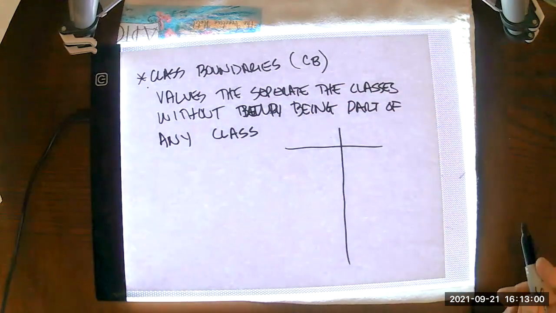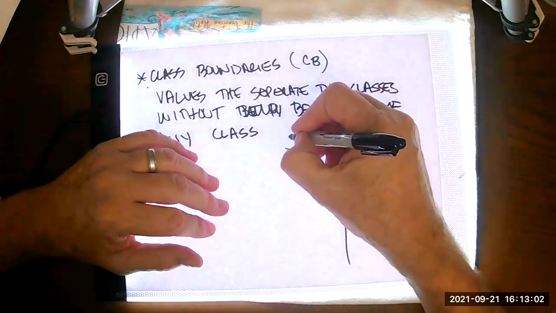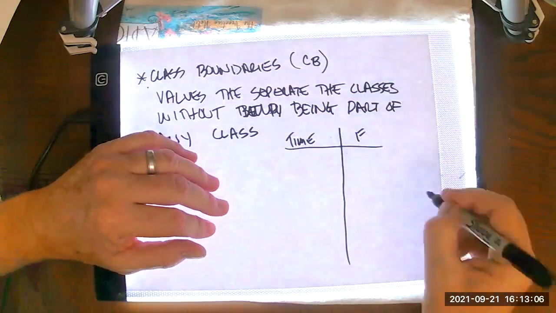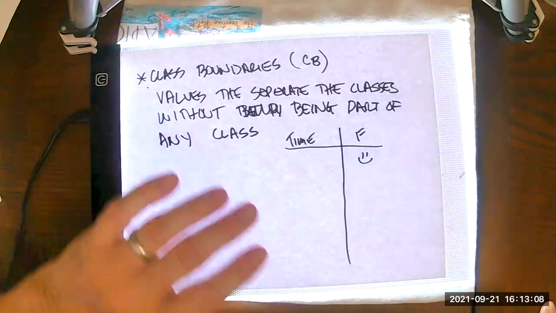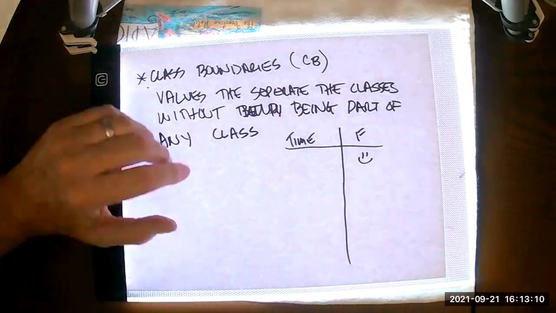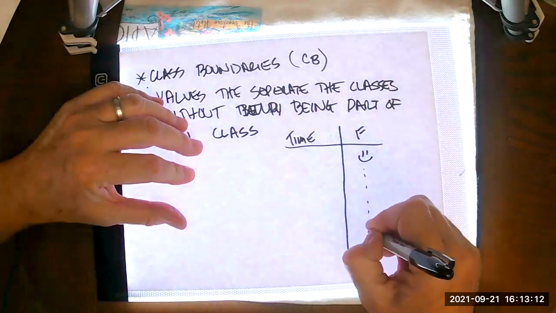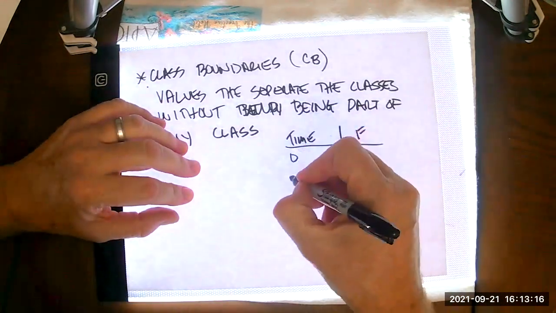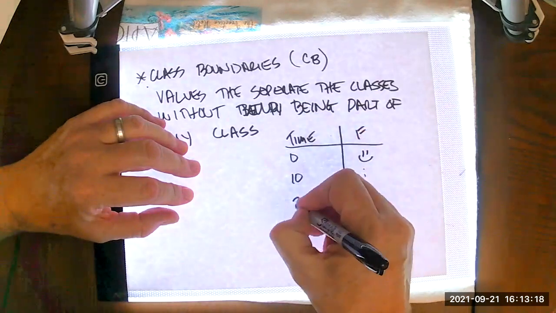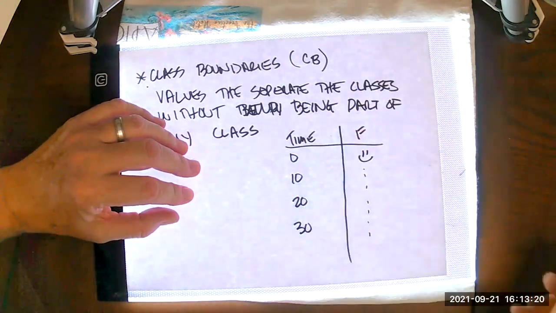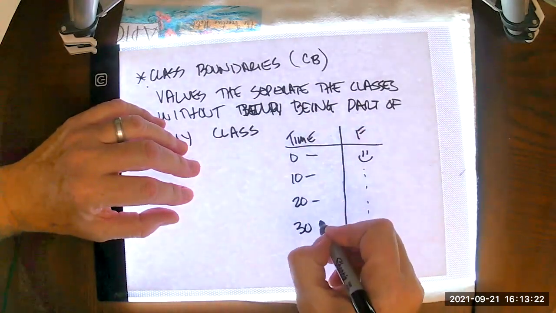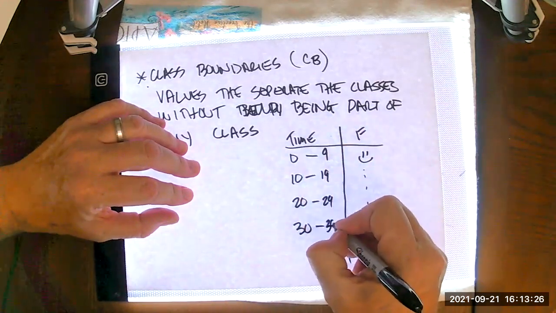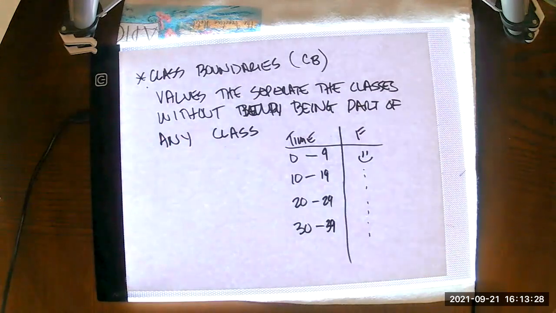I have no idea what we're measuring. Let's measure time in minutes. We've got our frequency F. I could care less about the frequencies for this discussion, because it's really not about them. It's really about what happens over here. So 0, 10, 20, 30, and 9, 19, 29, and 39.